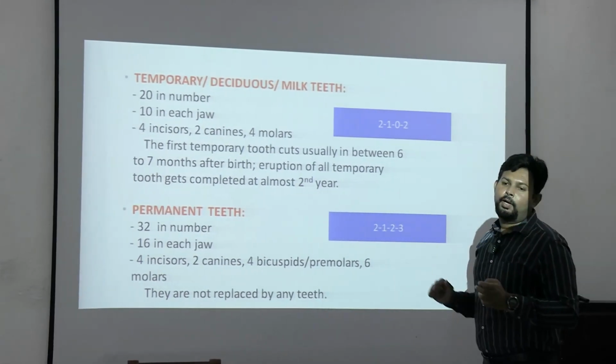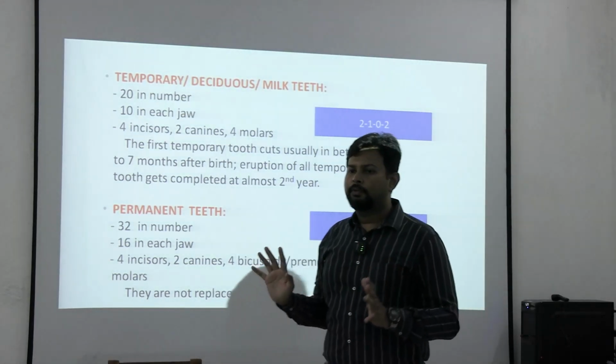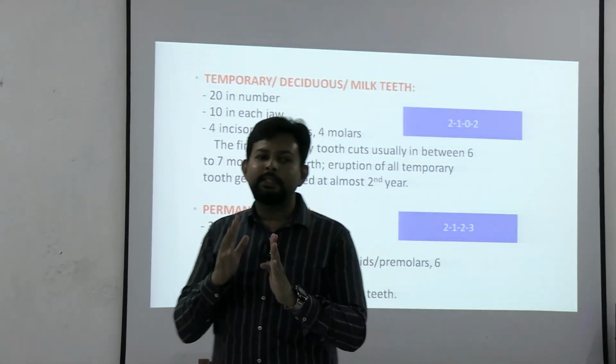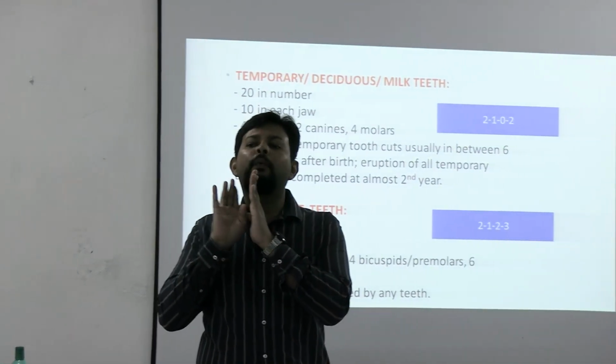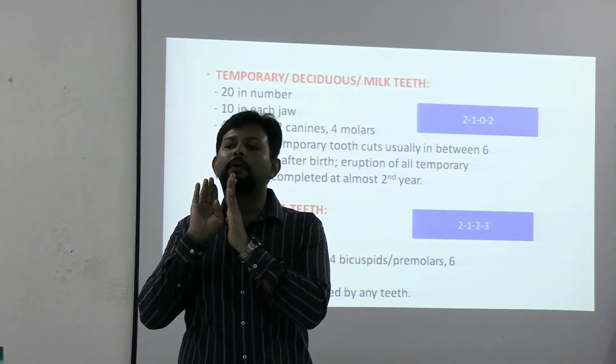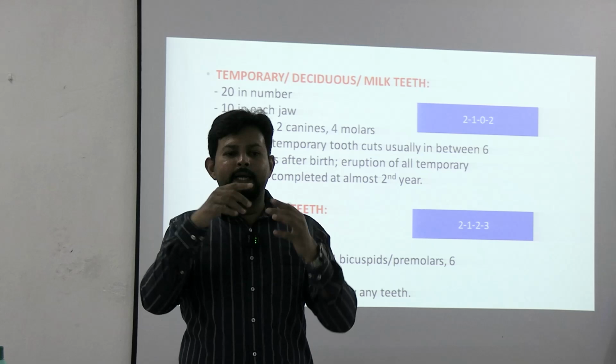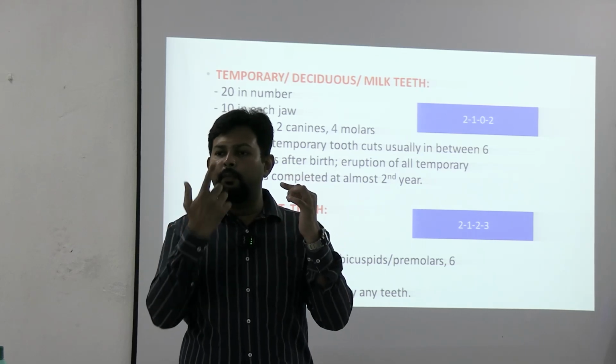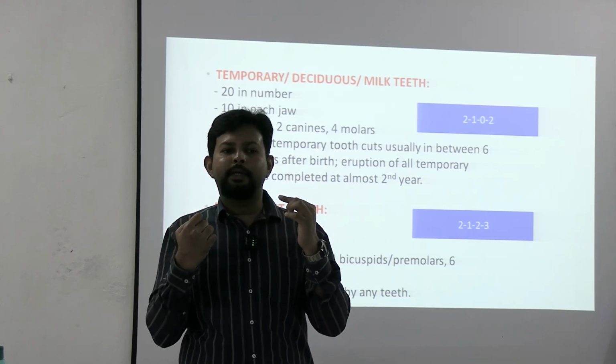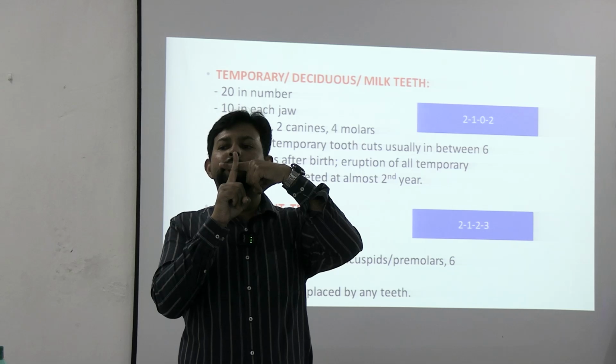So the dental formula 2102. What does that mean? 2102 is for one half of the jaw, only this portion, not the whole. If you divide it into 4 quadrants, one of the quadrants, like this.